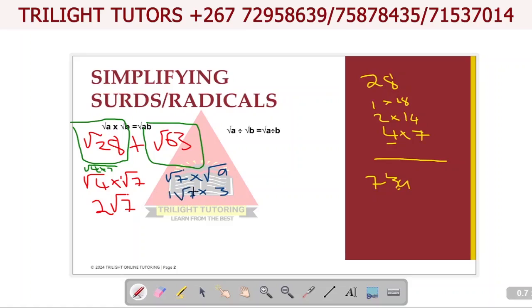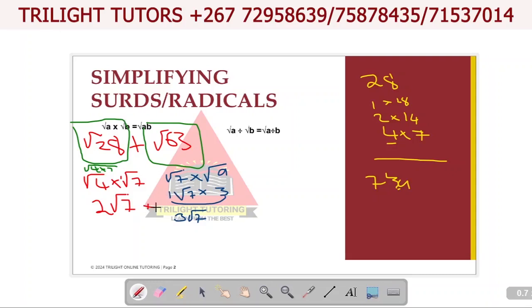So we assume there's a 1 here, and then I will say 3 times 1, and then 3 root 7.